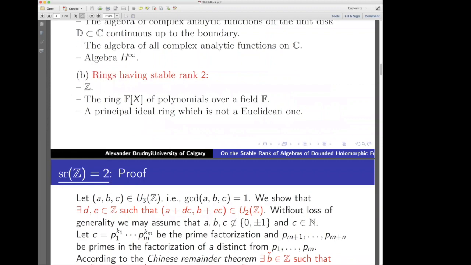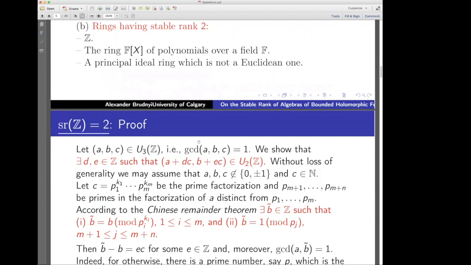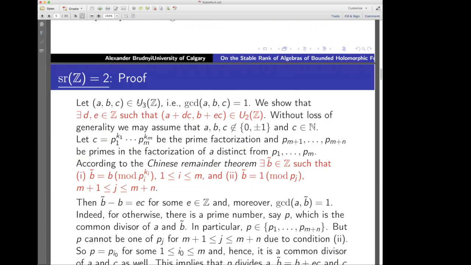So what we need to show here: suppose that we have a triple (a, b, c), which is unimodular, from U_3(Z). By the definition, unimodularity in this case means that the greatest common divisor of this triple is 1.